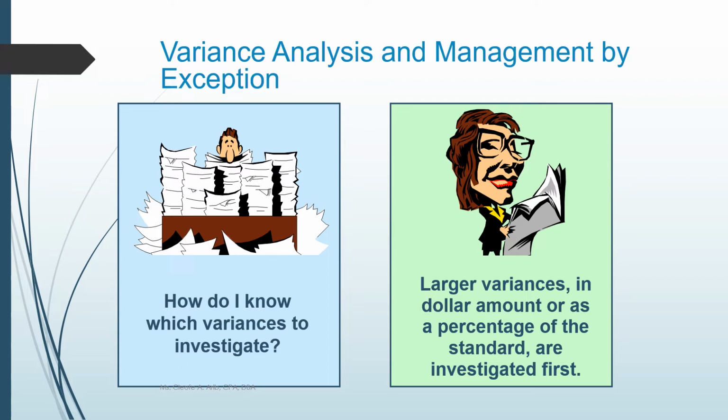For as long as there is a variance, regardless of whether favorable or unfavorable, it still needs to be investigated. And again, as your guide for the priority of investigation, larger variances in dollar amount or as a percentage of the standard are investigated first.